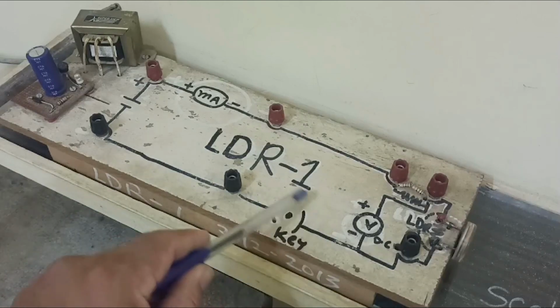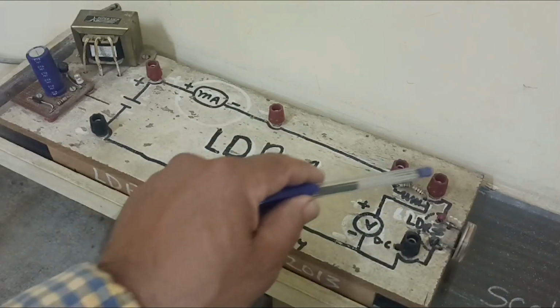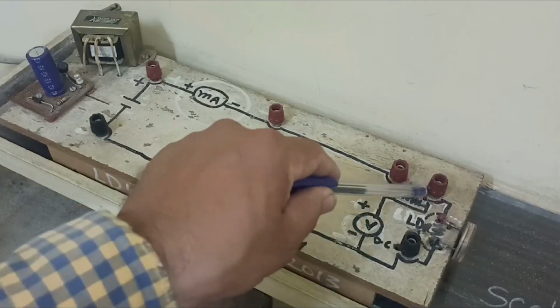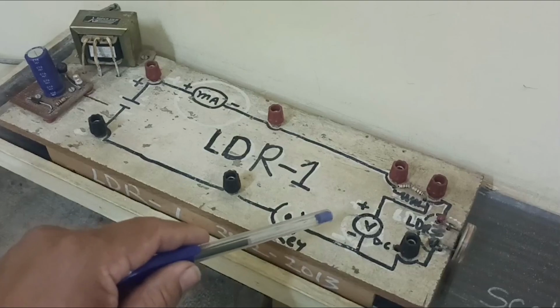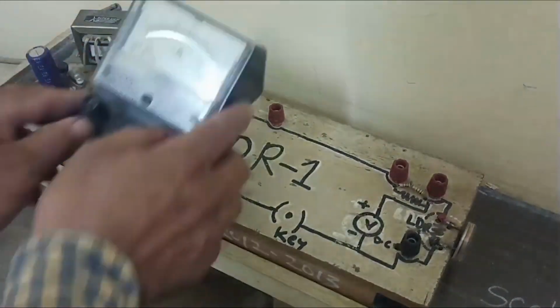Here one key is provided, and that has to be connected to the second terminal of the LDR. In between, the ammeter is connected in series and the voltmeter in parallel to this LDR. We are making the connection. Here I am putting the ammeter.